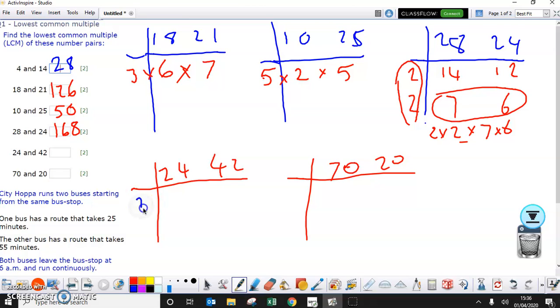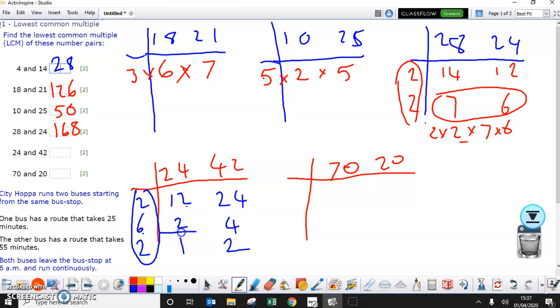Okay, 2 goes into 24 12 times, 2 goes into 42 24 times. 6 goes into 12 2 times, 6 goes into 24 4 times, and 2 goes into 2 once, 2 goes into 4 twice.